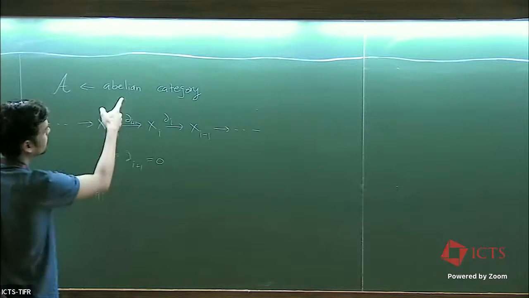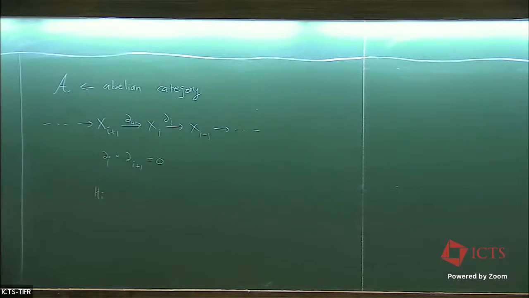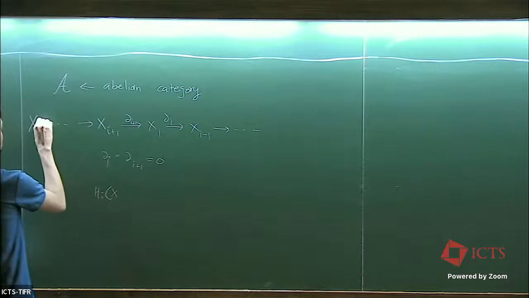In general, in an abelian category, one has to use the universal property of kernel and co-kernel to make sense of this. Let's say this is my complex.